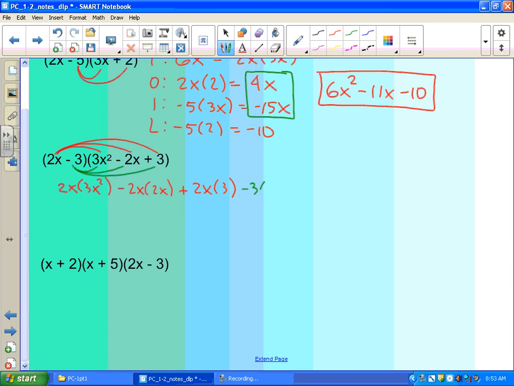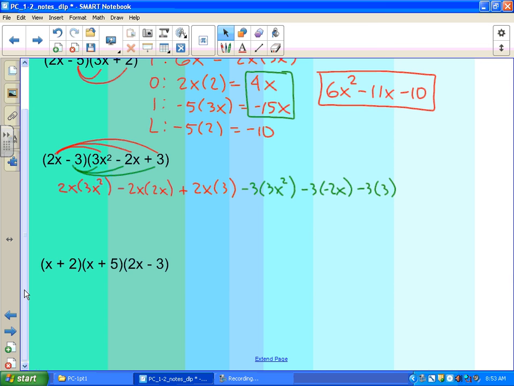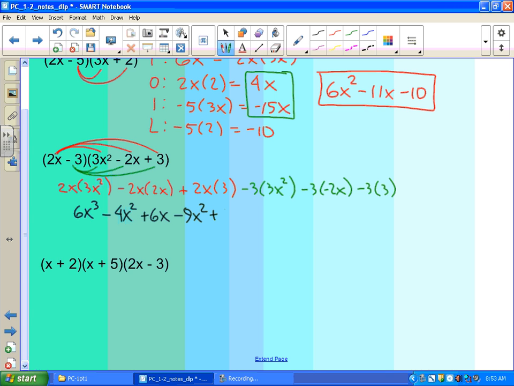So minus 3 times 3x squared, minus 3 times negative 2x, and minus 3 times positive 3. All right. So combining all these, after we simplify here, I get 6x cubed minus 4x squared plus 6x, and then minus 9x squared plus 6x minus 9.